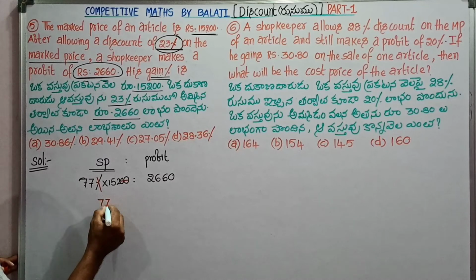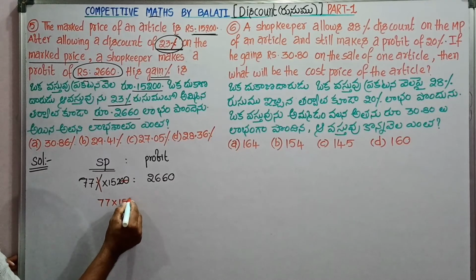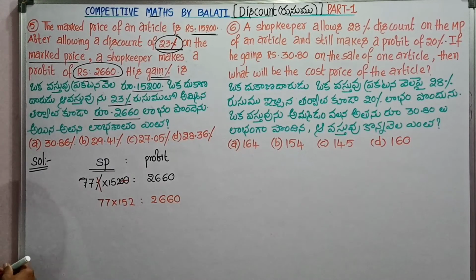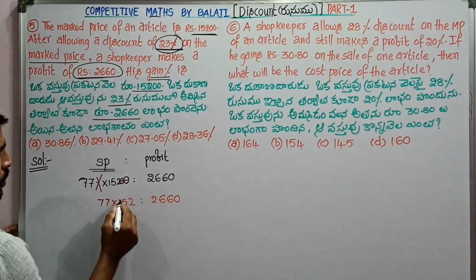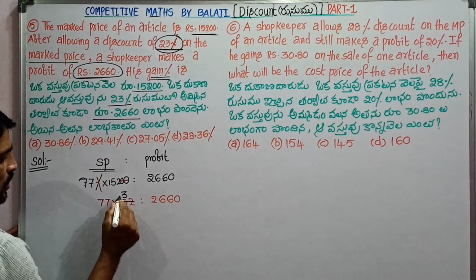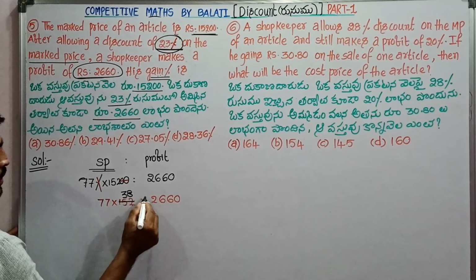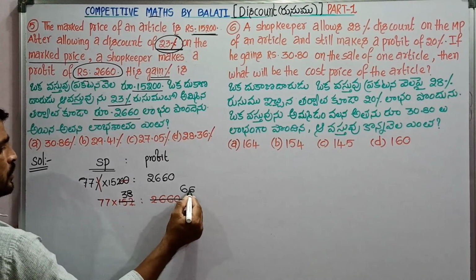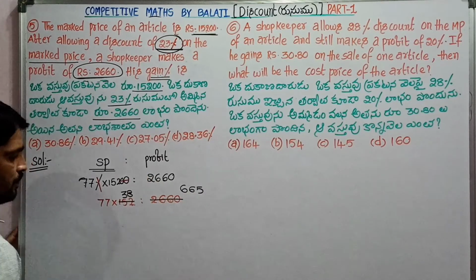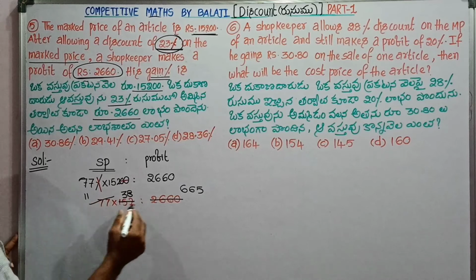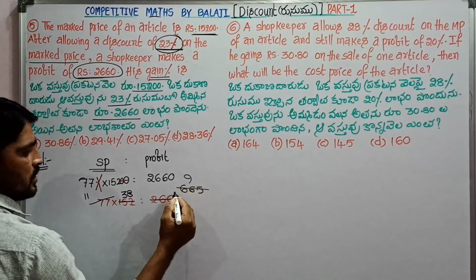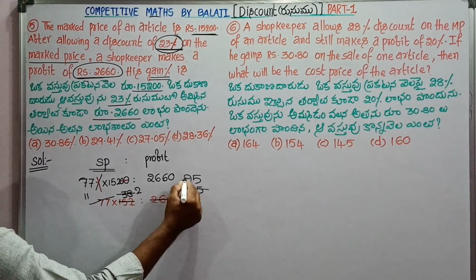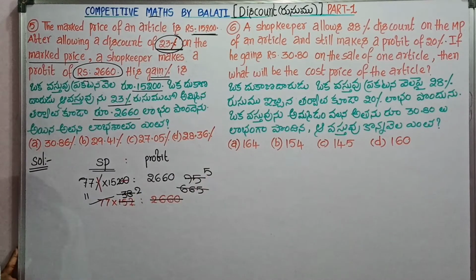We get 77 into 152 is to 2660. Then we simplify by dividing out common factors: 4 3s are 12, 4 8s are 32, 4 6s are 24, 4 5s are 20, 7 11s are 77, 7 9s are 63, 19 2s are 38, 19 5s are 95.